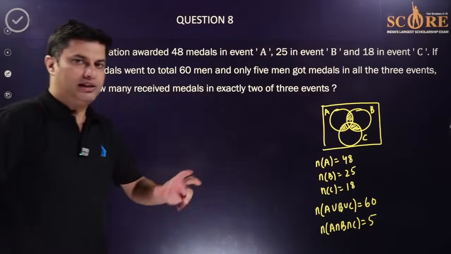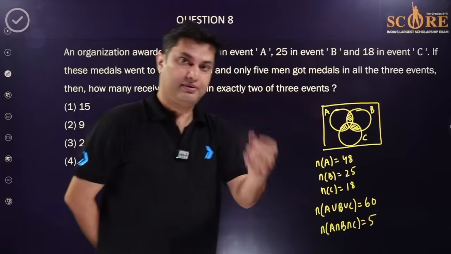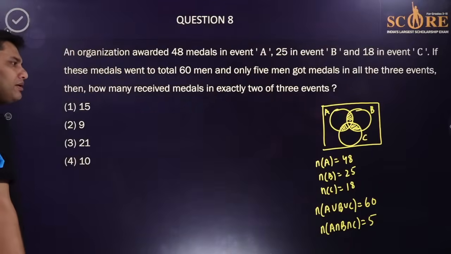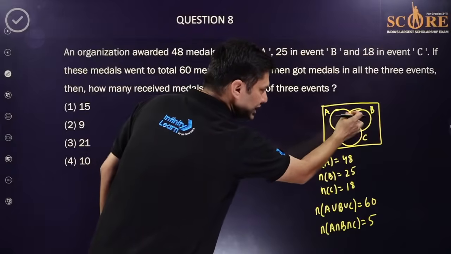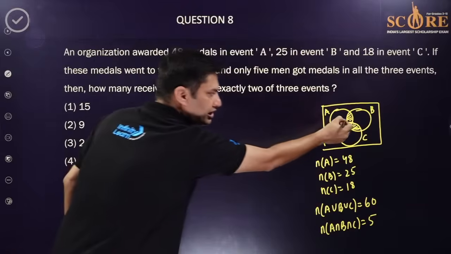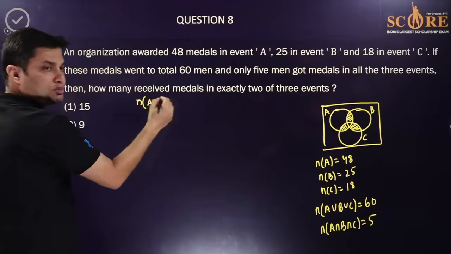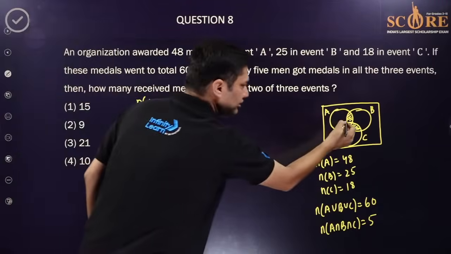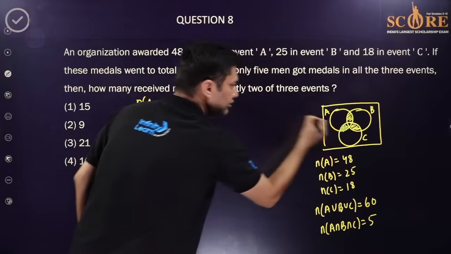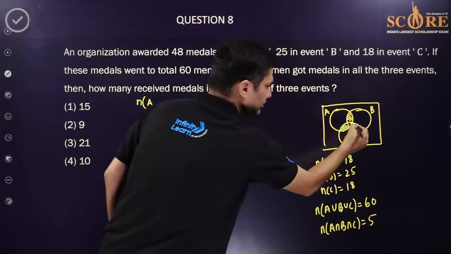A and B only, or A and C only, or B and C only. So the formula, if you see, this is N of A intersection B. Let's say I will shade it with different colors. This is yellow, this is green, and sorry, this is red.